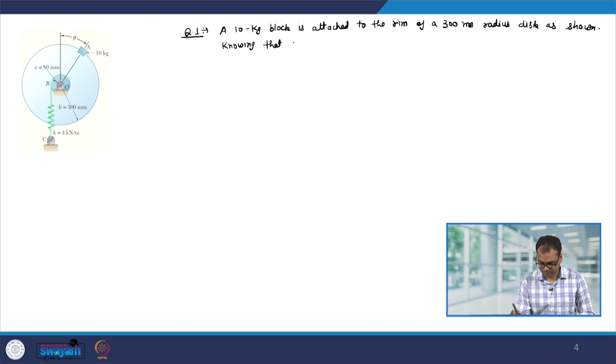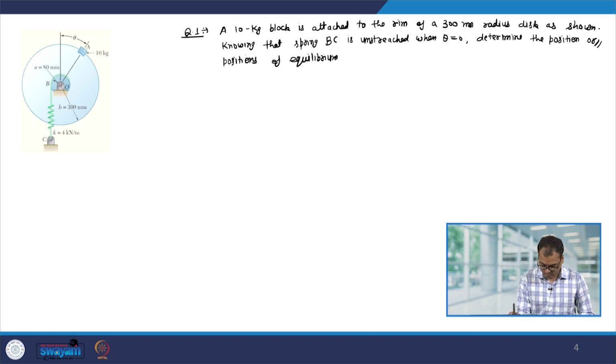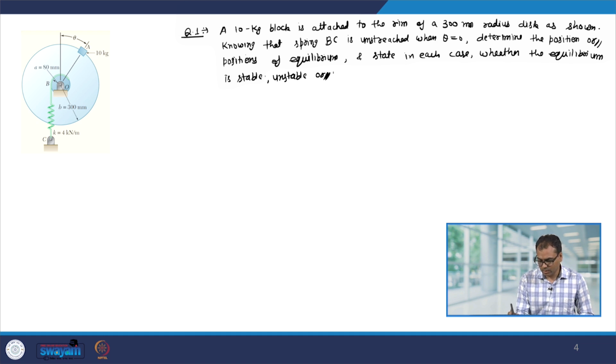Knowing that a spring BC is unstretched when theta equal to 0, determine the position or positions of equilibrium and state in each case whether the equilibrium is stable, unstable or neutral.